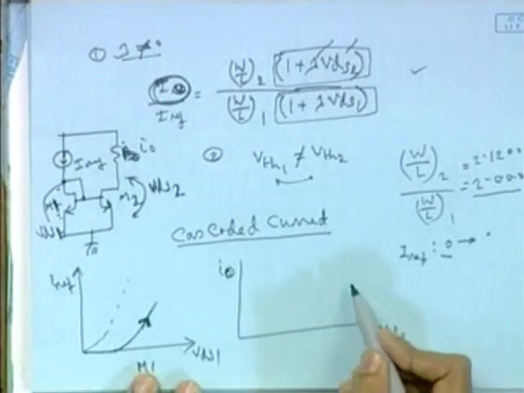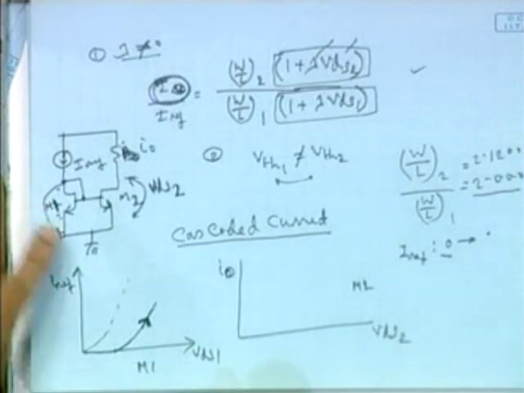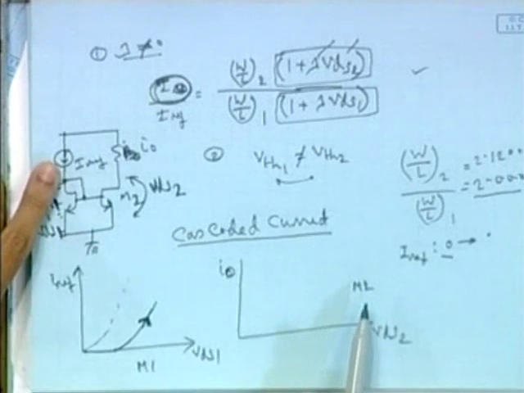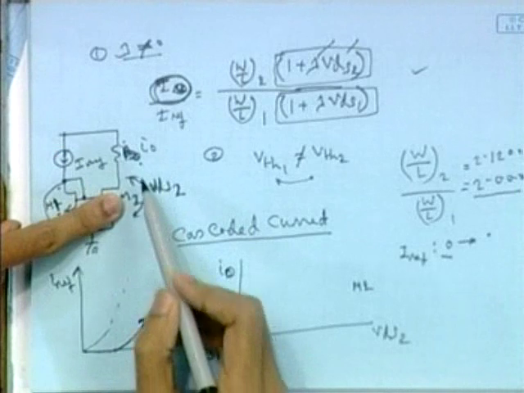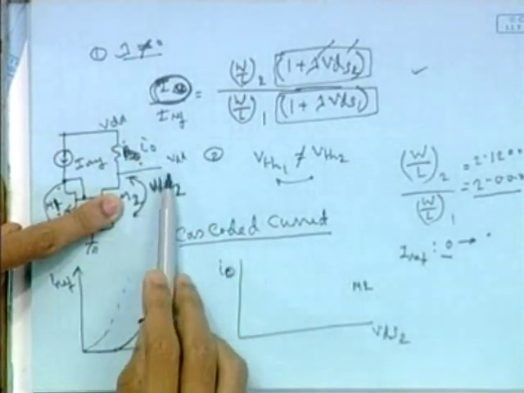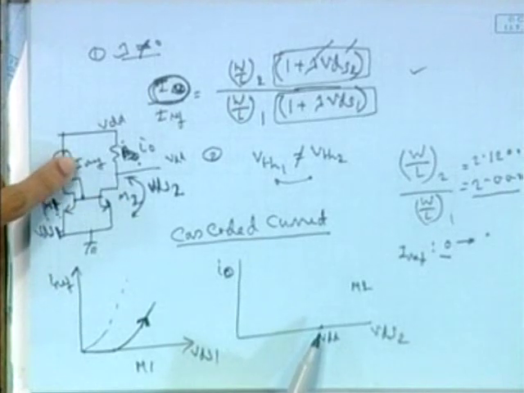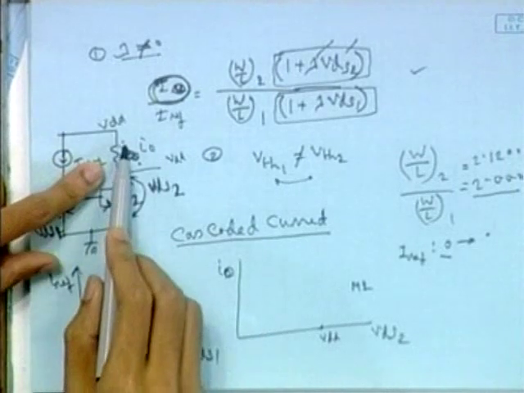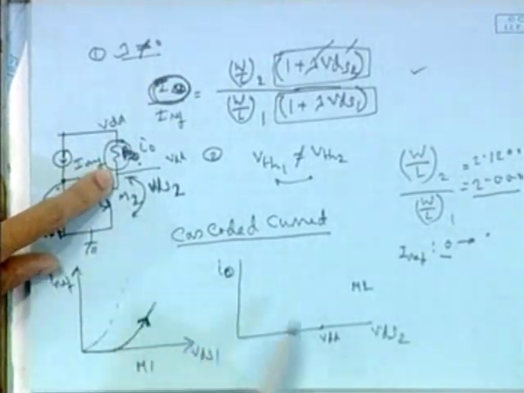Now see what happens for M2. When IREF is 0, I0 has to be 0. So this is open, and VDD will appear here. So it will start from VDD with VGS 0. As IREF increases, I0 increases, so more and more voltage will be dropped across here, and less will be available for VDS2.